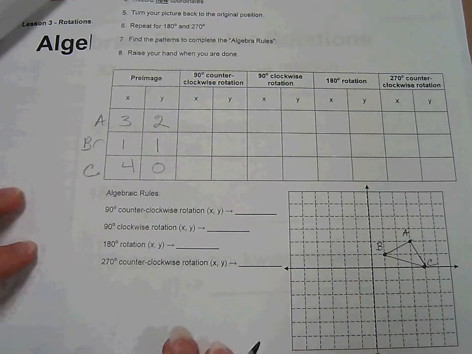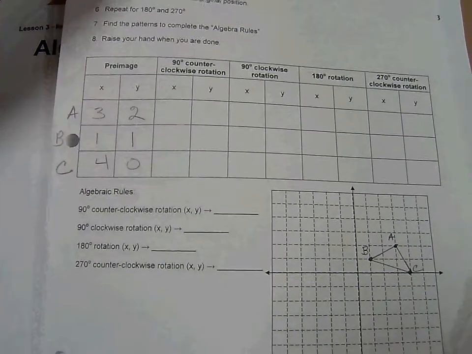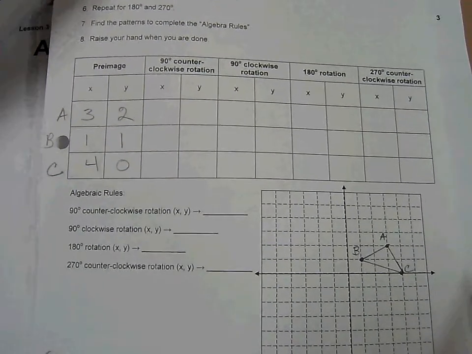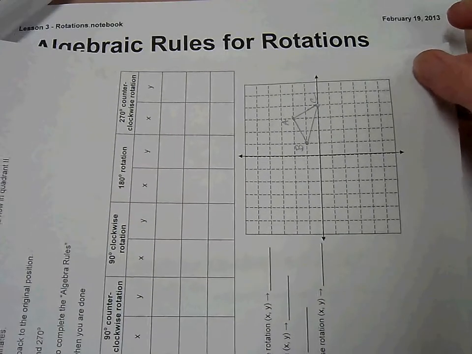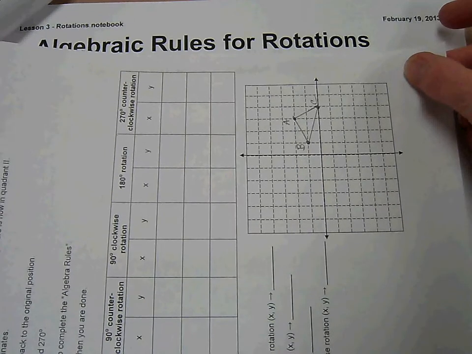Now what I want you to do is pick up your paper and actually rotate your paper 90 degrees counterclockwise. So you should turn it like this. Now what quadrant is your triangle in? It's moved.